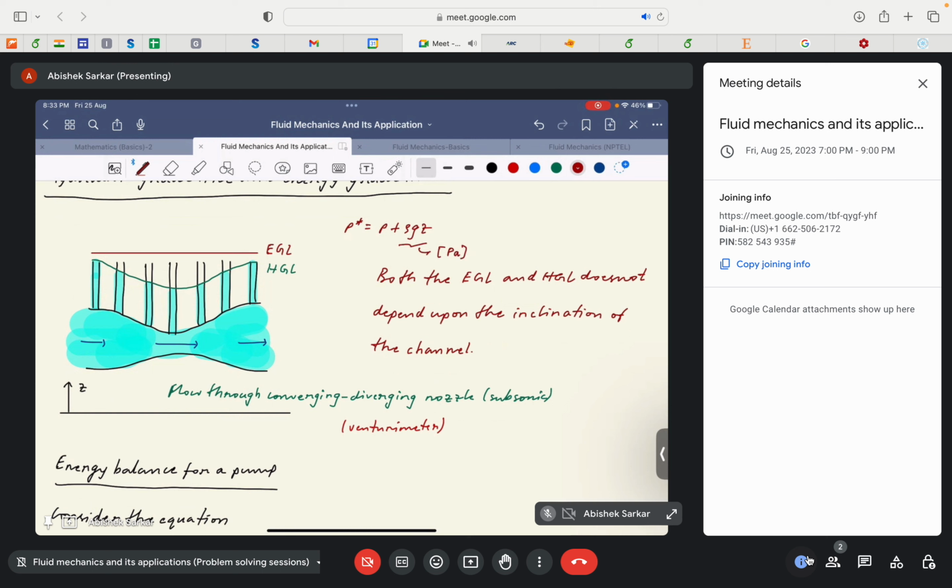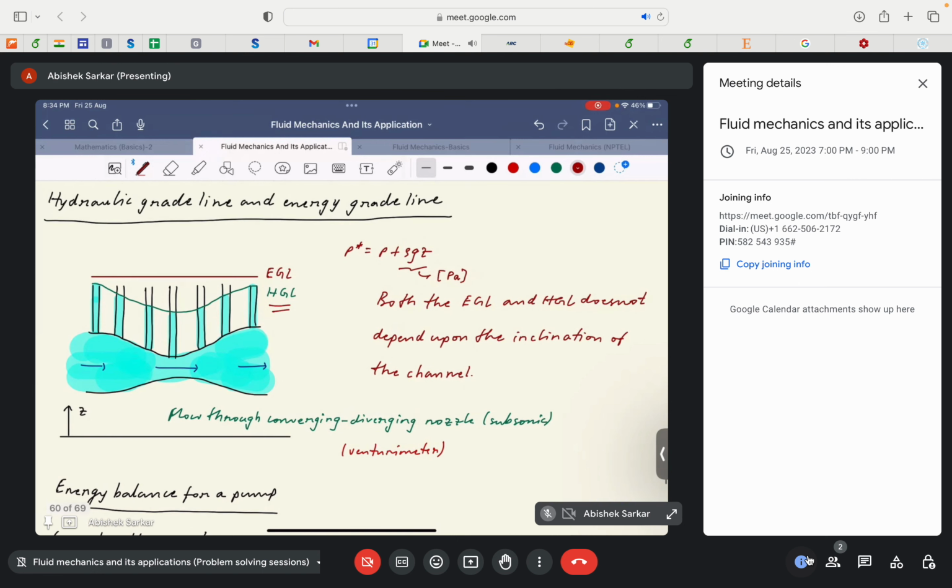So these liquid levels ideally represent the piezometric pressure head, and the line that joins these liquid levels through the different piezometers, the locus of these points, can be regarded as the hydraulic grade line.